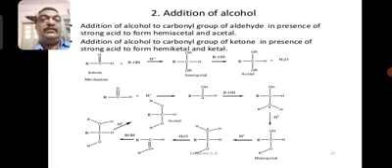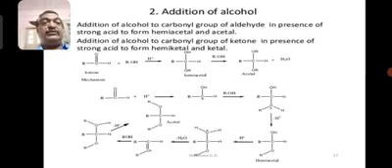Similarly, a ketone also undergoes addition of an alcohol molecule in the presence of a strong acid. First it is going to form a hemiketal and finally a ketal. These reactions I have shown here.